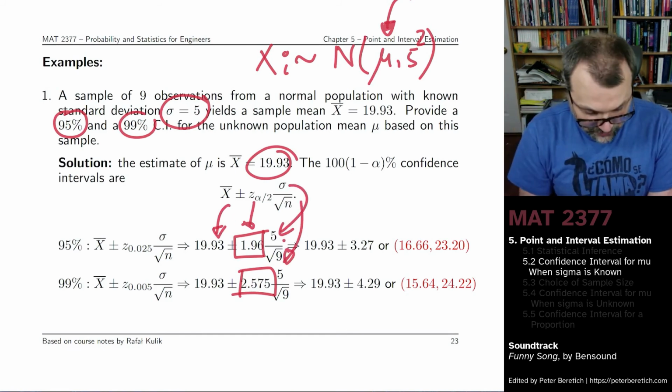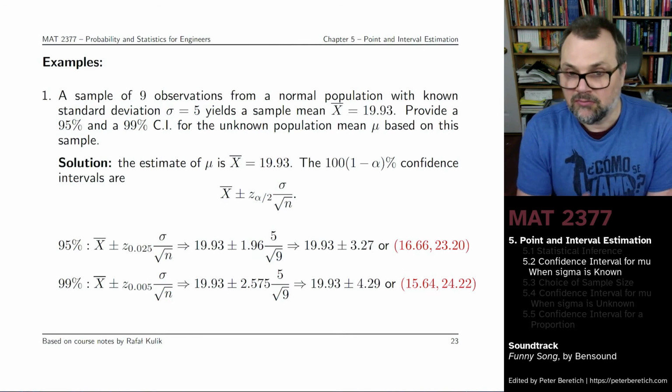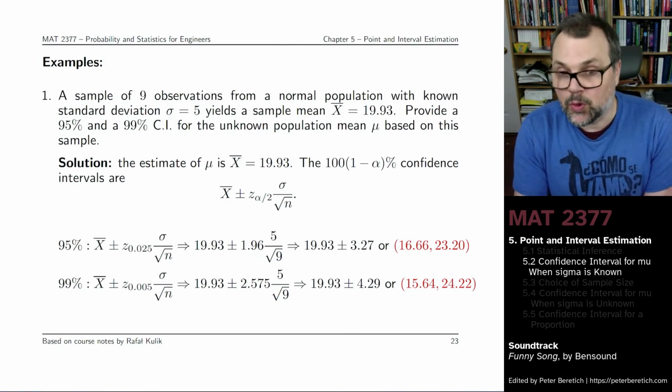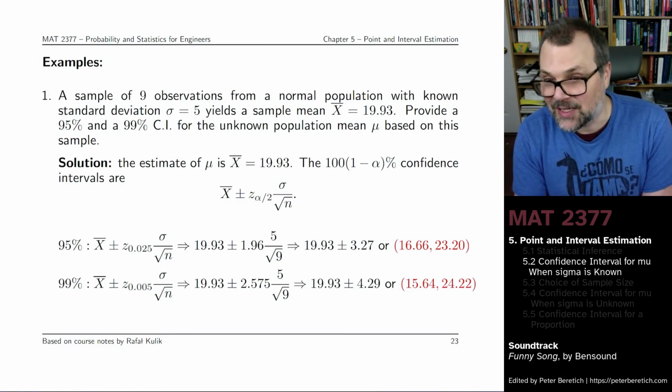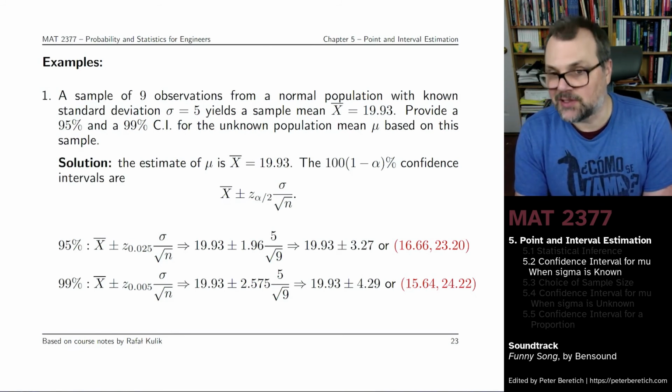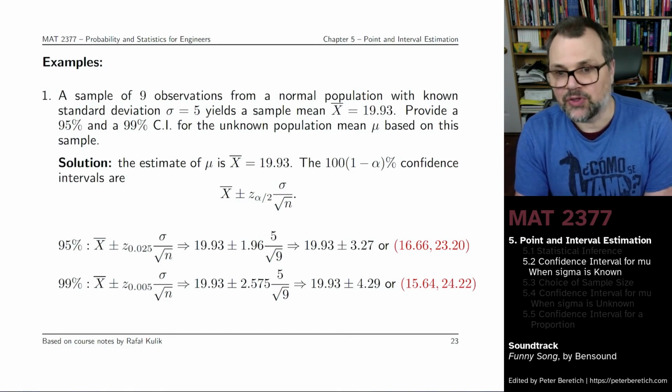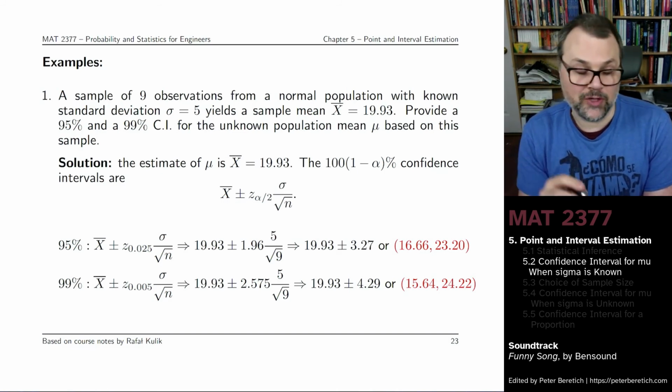And we build a 95% confidence interval. 19.93 plus or minus 3.27. This is one way to write it, but if you want to see exactly what these intervals would be, 16.66 and 23.20. For the 99% confidence interval, you get the same center, a wider confidence interval, however, 15.64, 24.22.